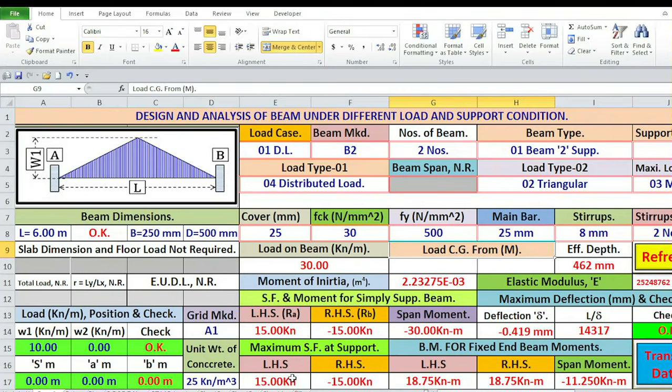For fixed end beam, shear force on left hand support 15, and right hand support also 15. Bending moment, left hand support 18.75, right hand support 18.75, and span moment 11.250.